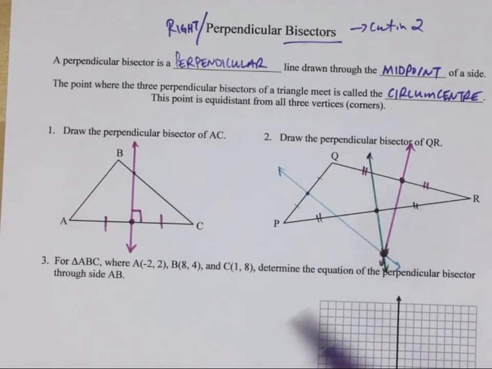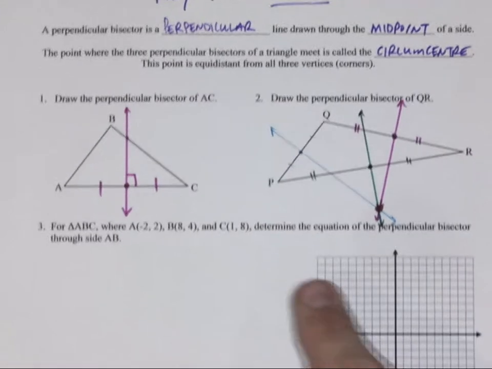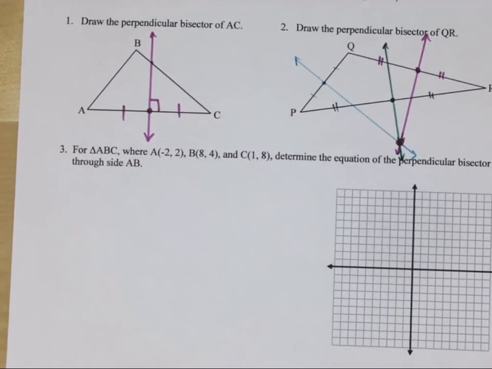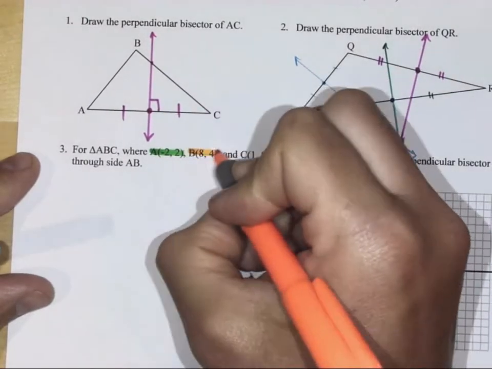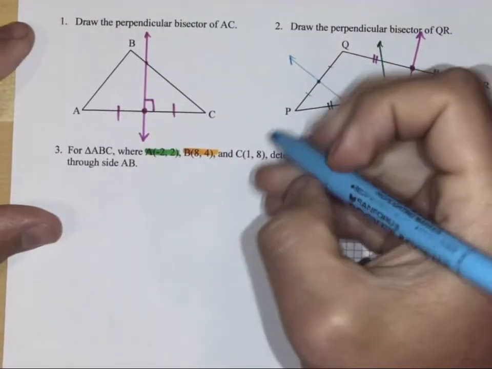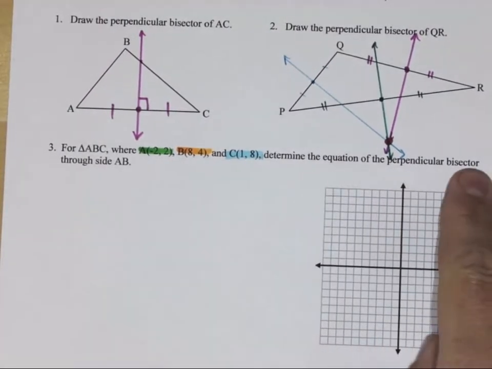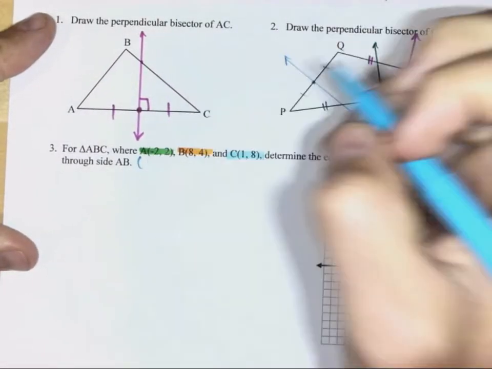If we were in class, I'd show you something nice on the board for that, but let's not confuse you too much. So, once again, here we are. We have A, B, and C. Three points. Let's see if I can keep it consistent with the other lesson. Vertex A, vertex B, vertex C. Make a triangle. We want to determine the equation of the perpendicular bisector through AB.